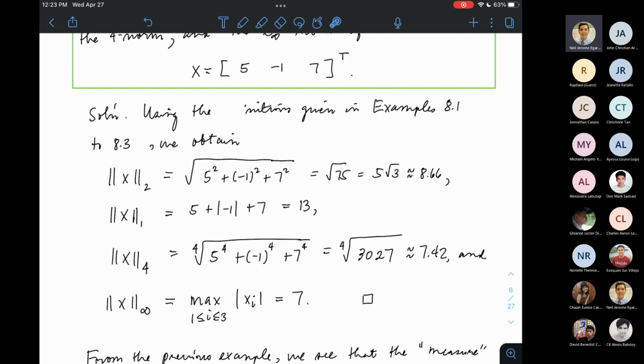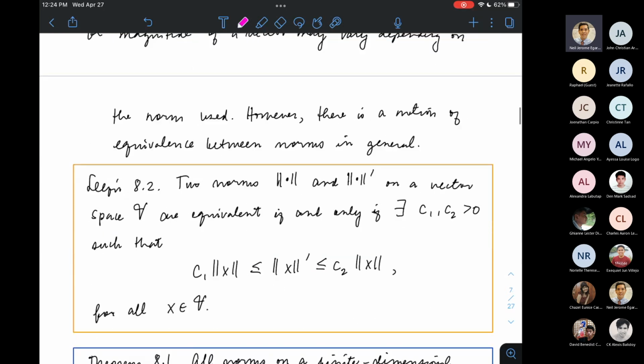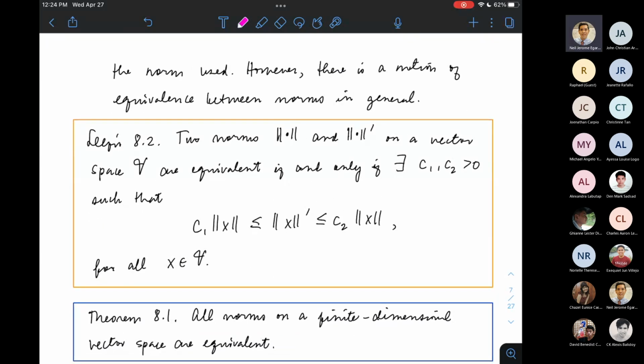And actually, medyo relative yung measure ng isang vector because it depends on what type of norm you choose, all right? So kaya lang may magandang property yan, at least finite case. So merong isang equivalence property, all right, sa mga norms sa finite dimensions.